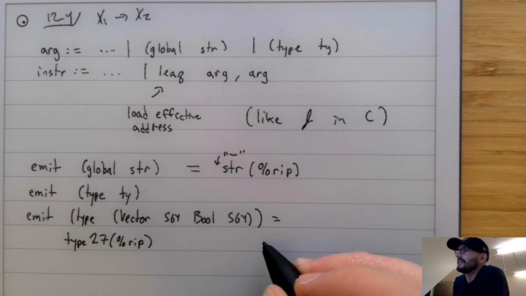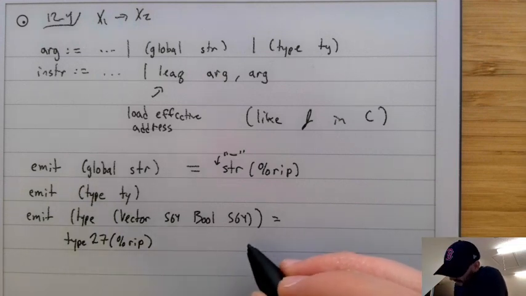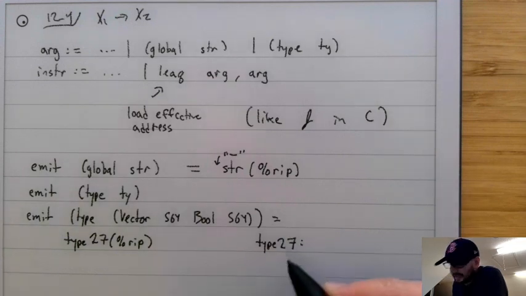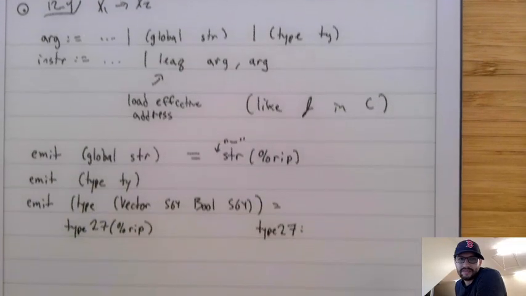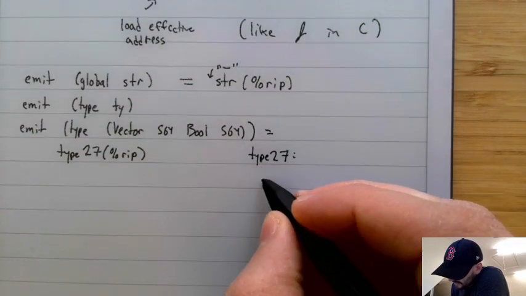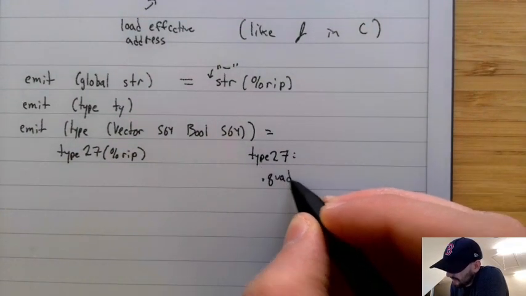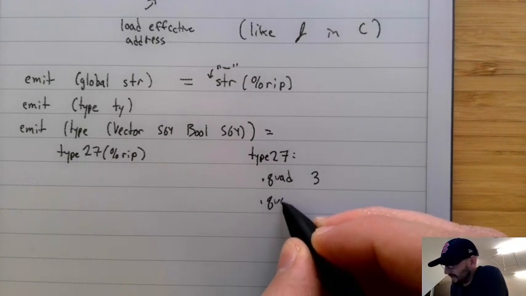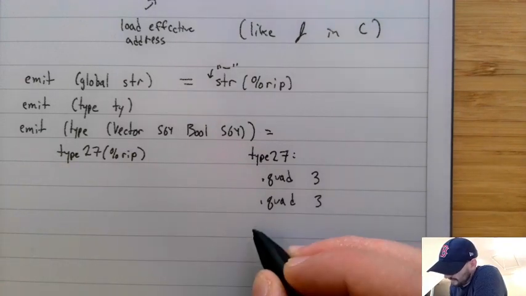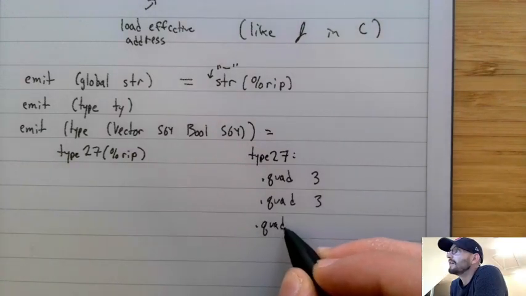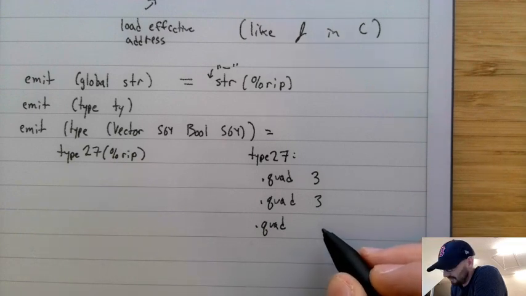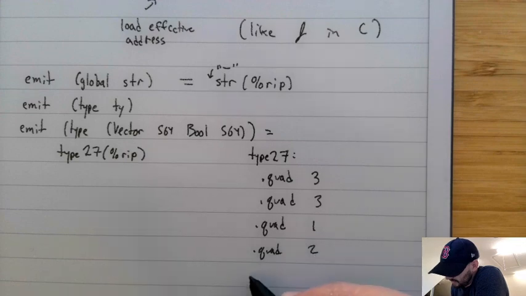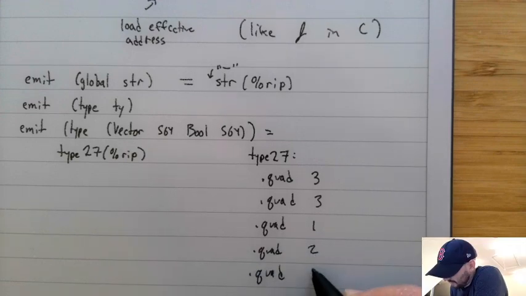On the side, it makes a little note to itself to put in type 27 as a label, with the contents of that label being the following: dot quad 3, dot quad 3, dot quad 1, dot quad 2, dot quad 1.